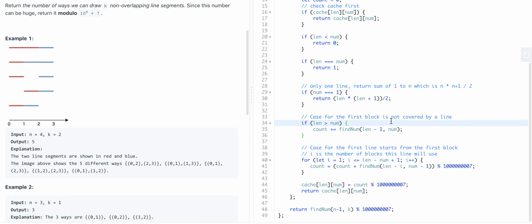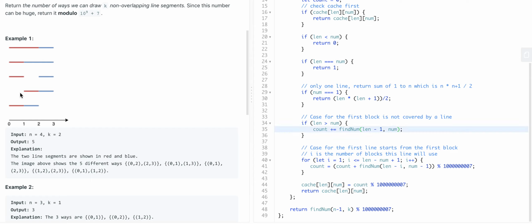And then the next one, like I explained before, is the case where the first block is not covered by a line. So this is a case, right? If length is greater than num, we just try to not use it. So I keep count, so we can count the number of ways, and call find_num again, but now we don't have the first block anymore, so we minus 1, but we still have the same number of lines we need to cover.